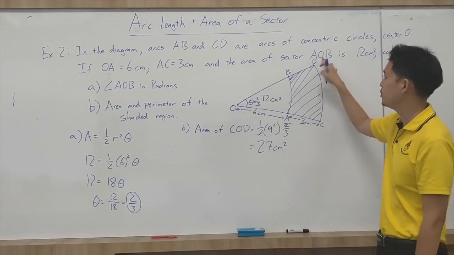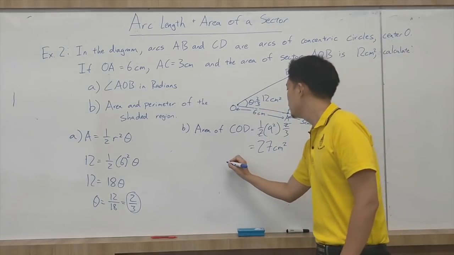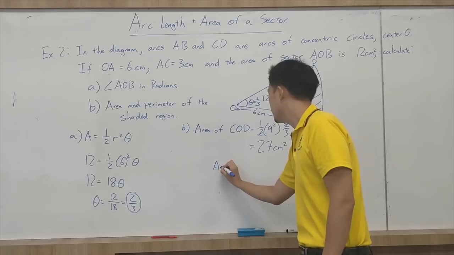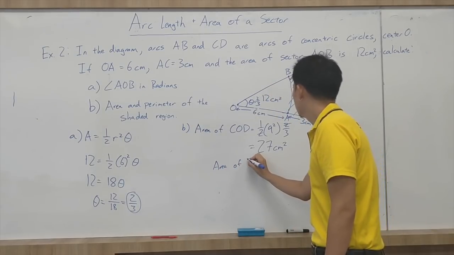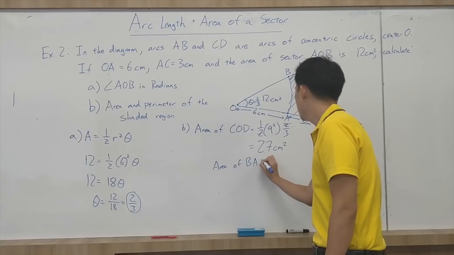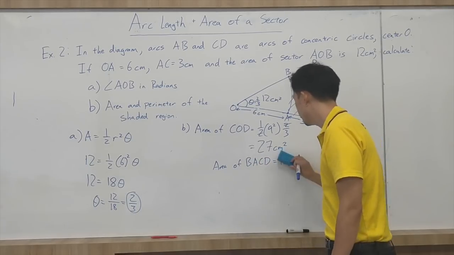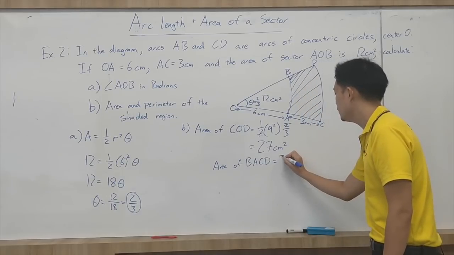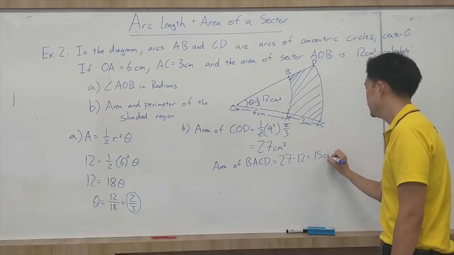So that's the area of this whole thing. And of course, we're going to subtract out the 12. So area of BACD is equal to 27 minus 12, which equals 15 centimeters squared.